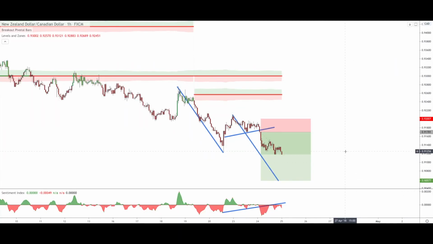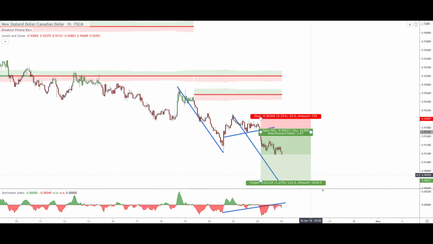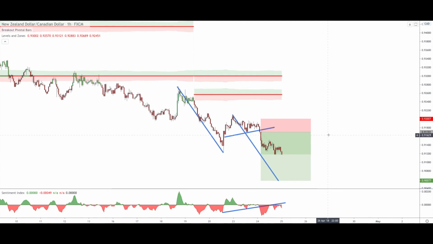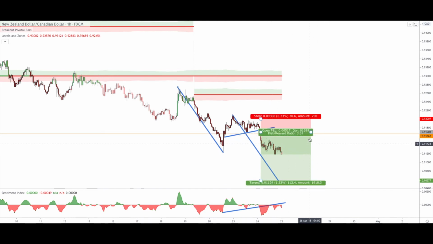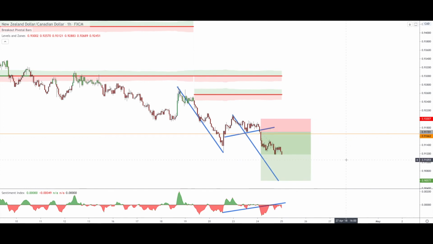So the trade is making its way to the downside. We are almost halfway into our target. In my trading account I moved the stop loss to break even around this level here, so that in the worst case scenario I will not lose any money. So I'm right now in a risk-free trade.